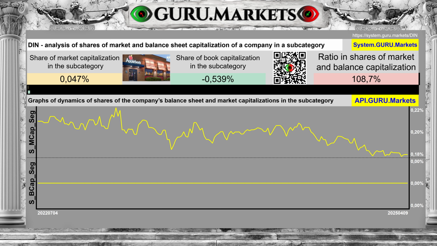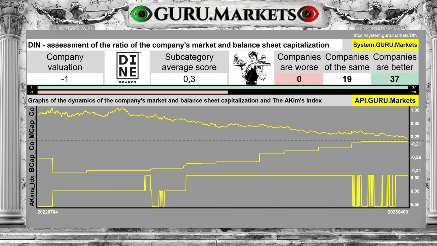The share in the subcategory when assessing the exchange value is 0.047%. Book value is minus 0.539%. This is 1,247% less than the share of market value. Assessment of the company's share of market and balance sheet capitalization of the subcategory: bad, minus 1 point.